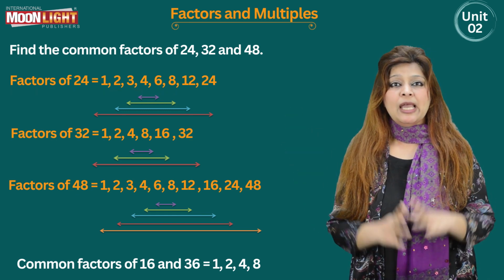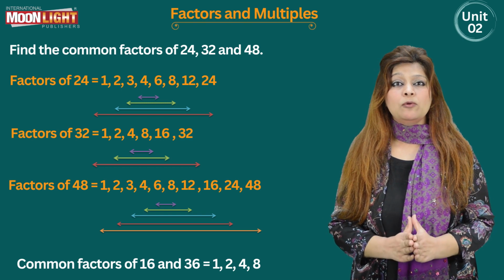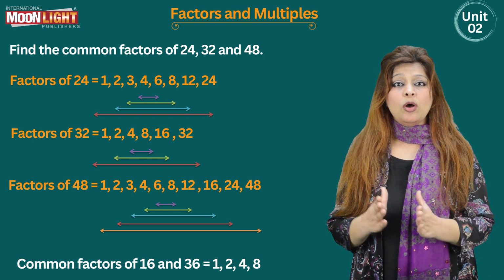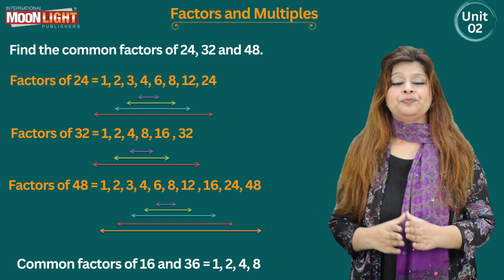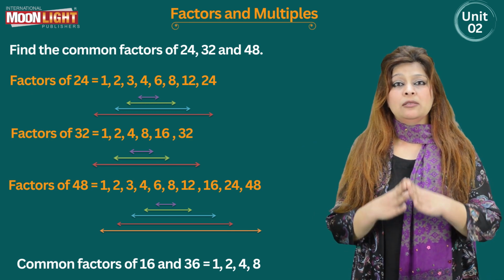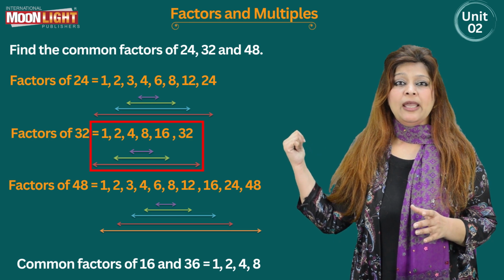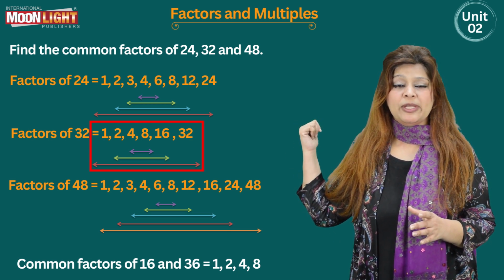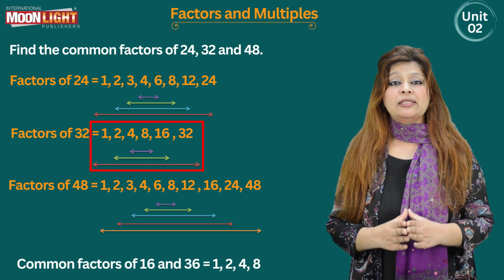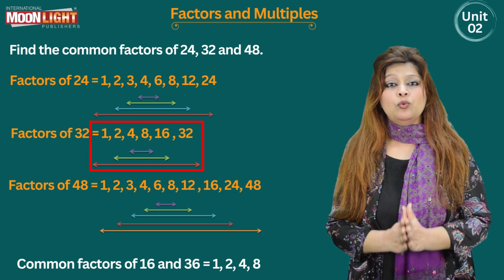Now my dear students, in the same way I will write down the factors of the number 32. You know it, 1 multiplied by 32 is 32. So I will write number 1 here and the number 32 at the last. Now I will write the number 2.